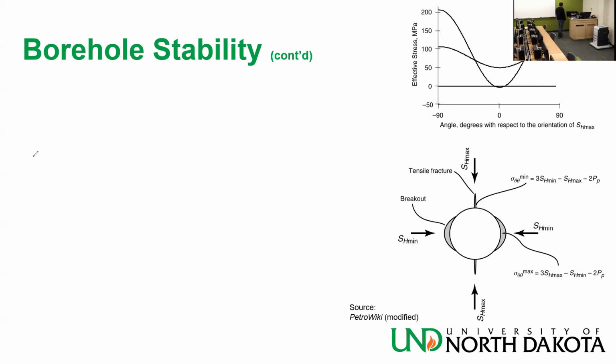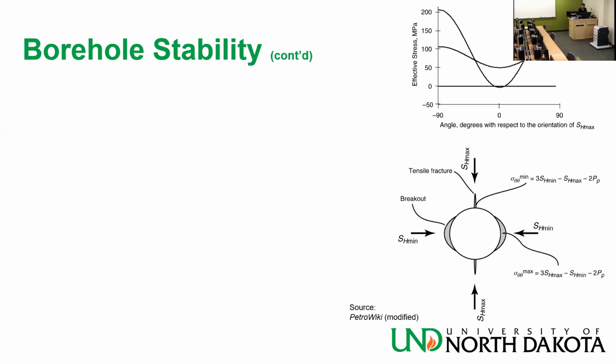But this used to be a page I spent a lot of time in. It was called Elastic Stress Concentrations Around the Wellbore. And it shows how the two important stresses, the hoop, the tangential, and the axial, are varying around the wellbore.